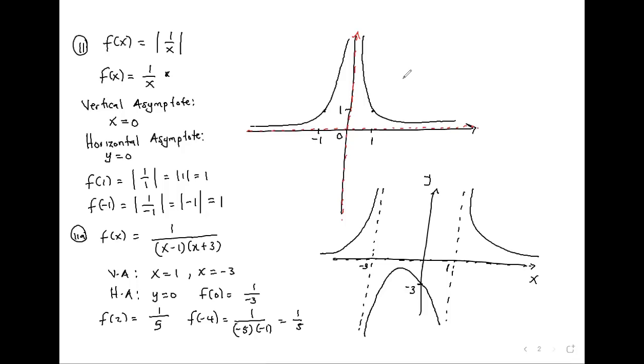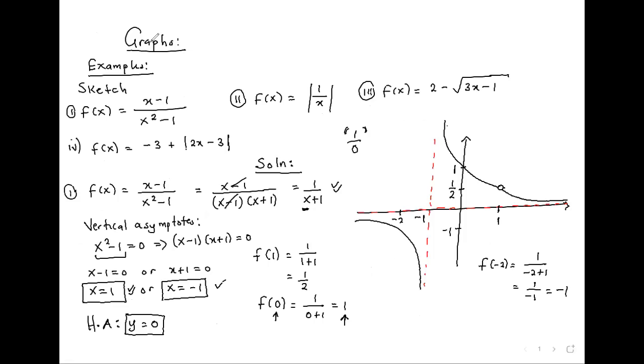Question 3. F of x is equal to 2 minus the root of 3x minus 1.